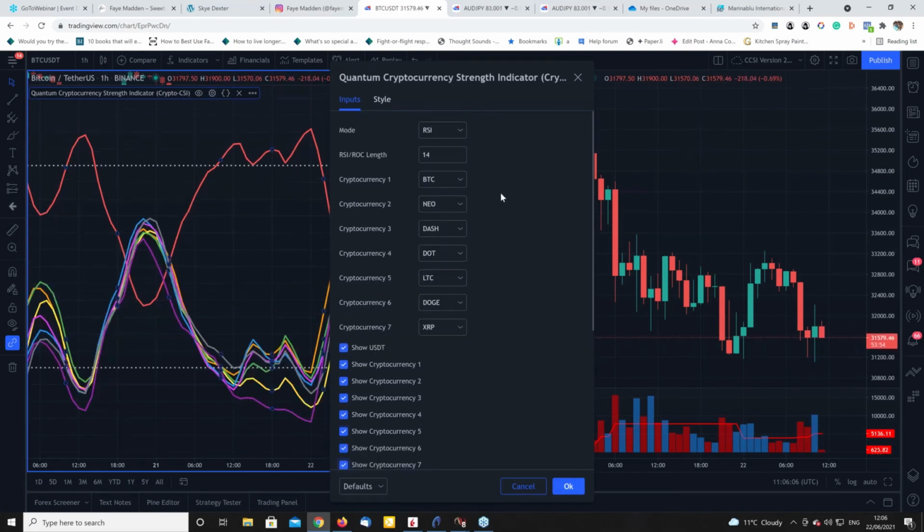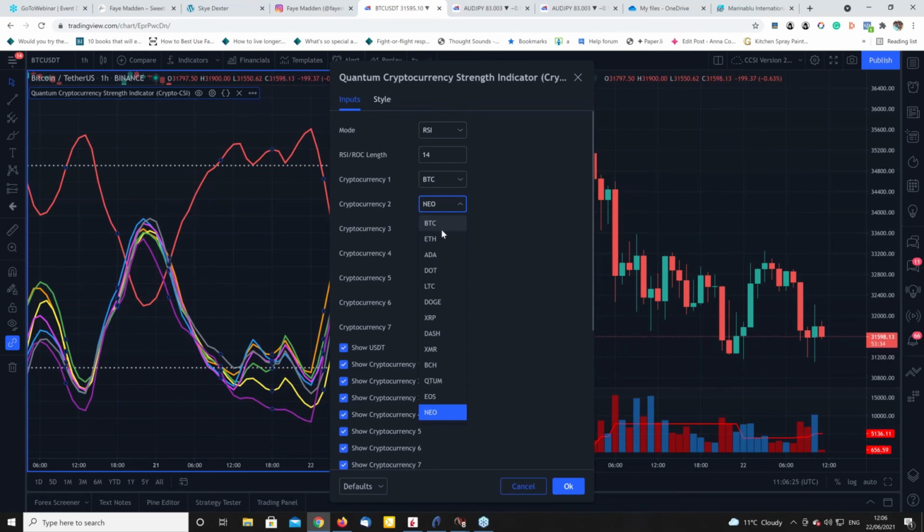So basically, you can select which cryptocurrency you want on any of these. So all of these are available. So you've got 1, 2, 3, 4, 5, 6, 7, 8, 9, 10, 11. So there's 12 or 13 of those. And you can select those.